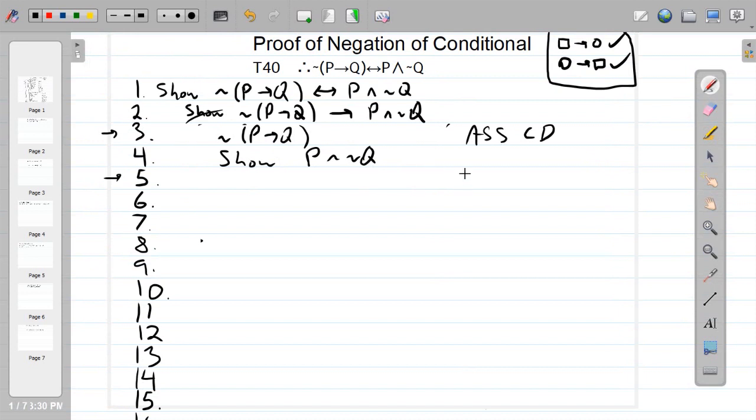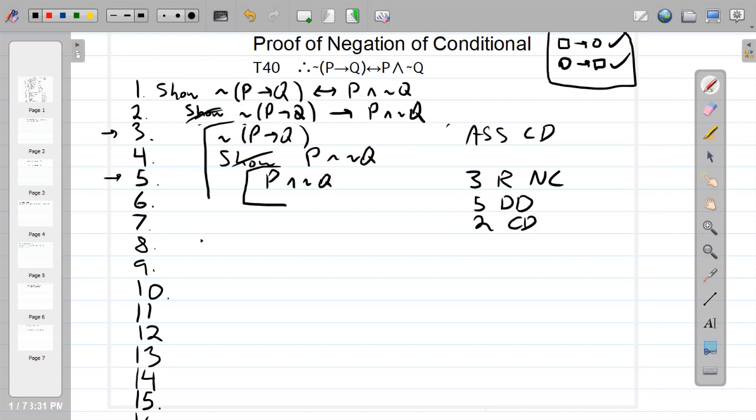Now we say on line 3, repeat, negation of conditional. And that gives you P and not Q. And you are done. 5, direct derivation. That means on line 2, we did a conditional derivation. Yeah? Much shorter, much nicer.